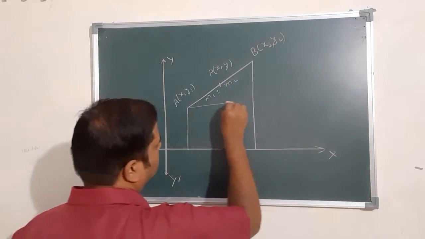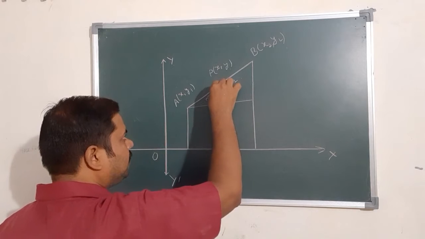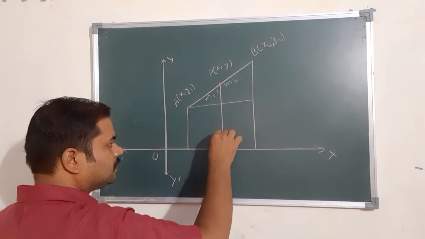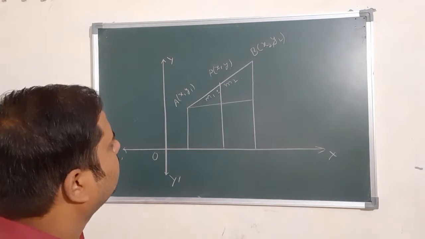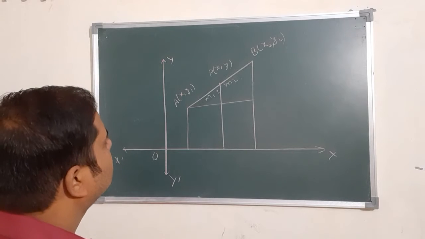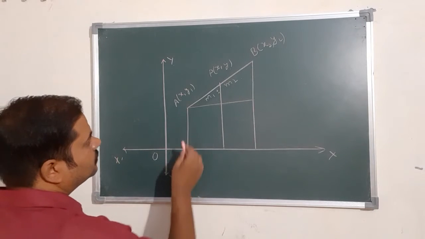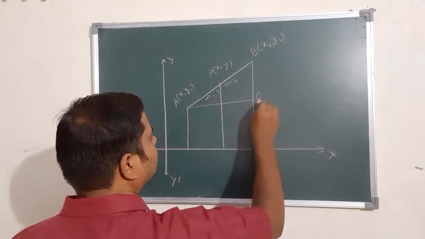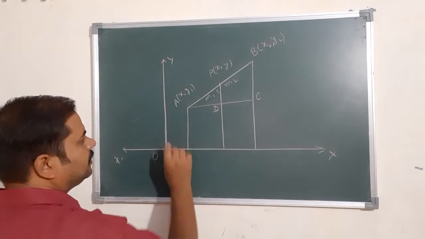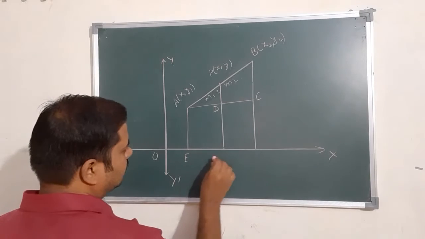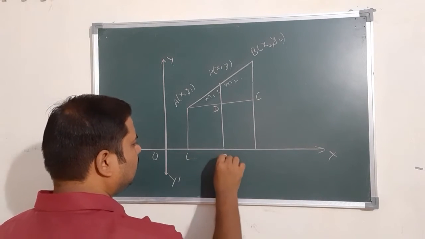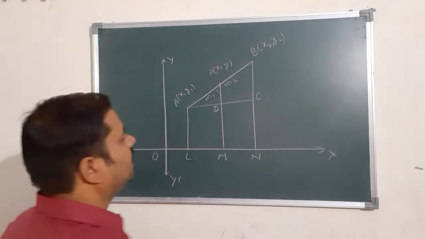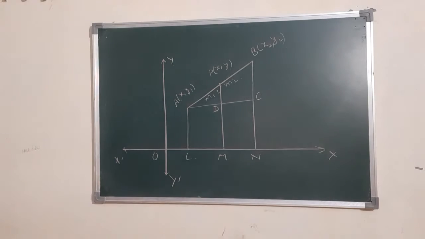Now draw the perpendiculars. Suppose these are A, B, C, D, E, L, M, N.